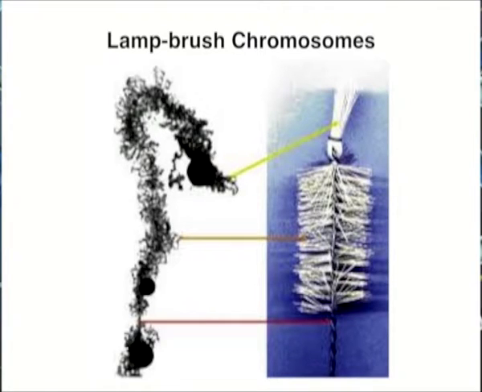Synapsis occurs between homologous chromosomes and each chromosome increases in its length. However, the amount of DNA in each chromosome does not increase in proportion to the enlargement of the nucleus. The increased chromosomes look like a bottle brush, hence they are called lampbrush chromosomes.